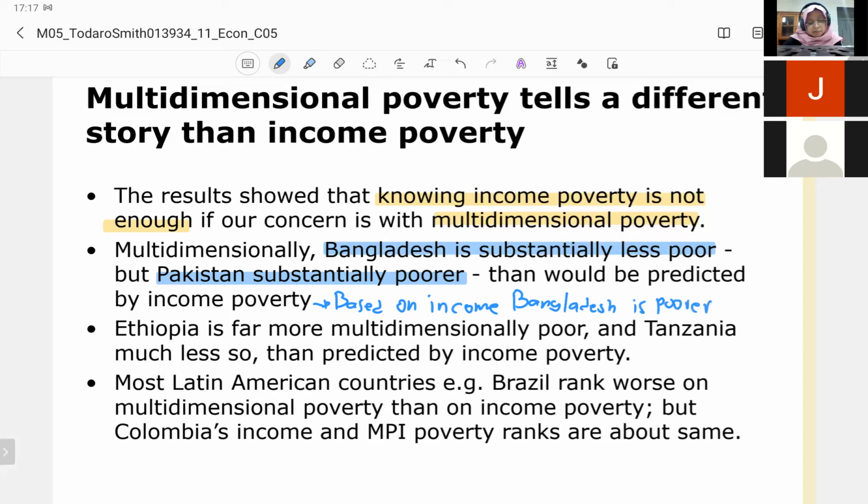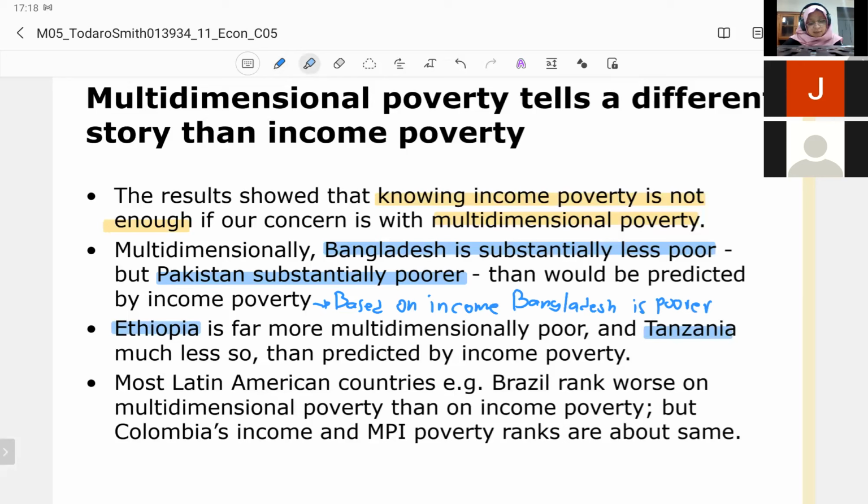Meanwhile, based on MPI, Pakistan is poorer than Bangladesh. Okay. Ethiopia is far more multidimensionally poor, and Tanzania much less so than predicted by income poverty. So this is also the case with Ethiopia and Tanzania.